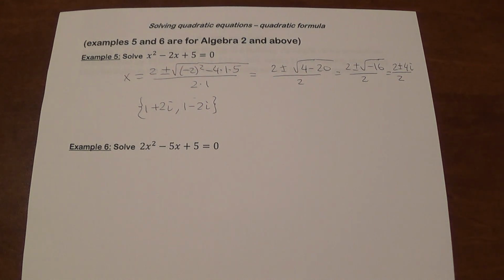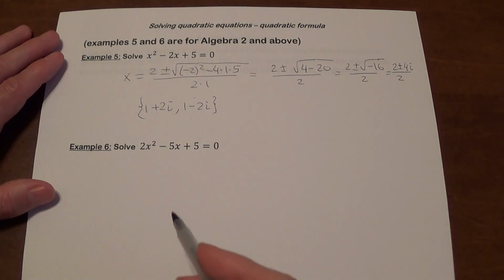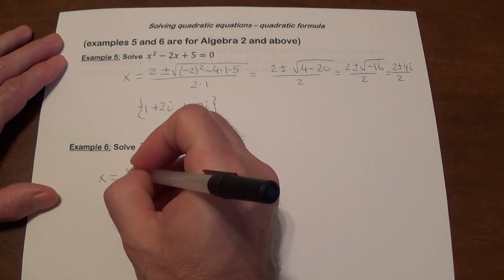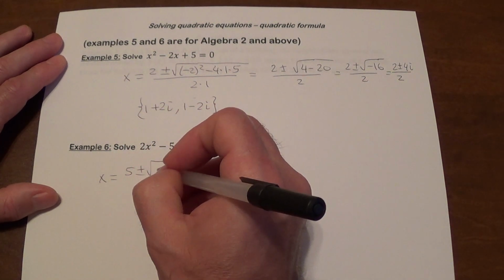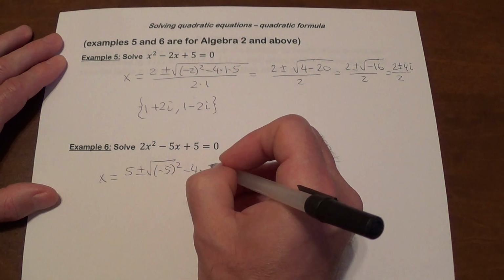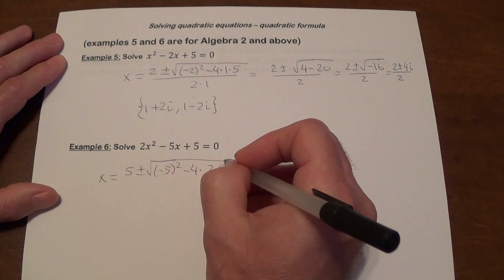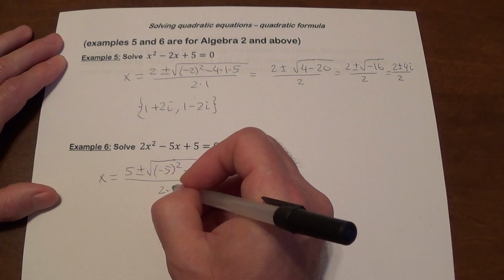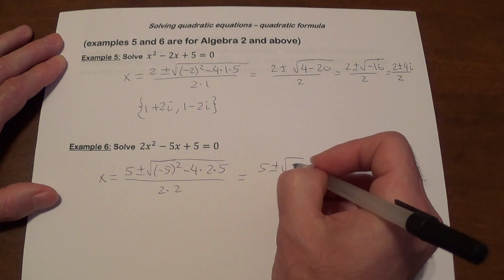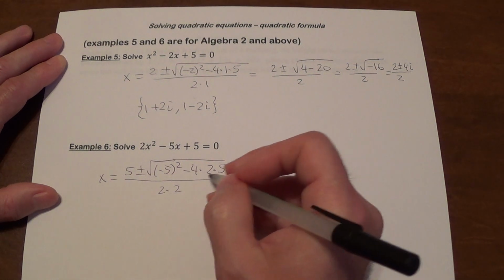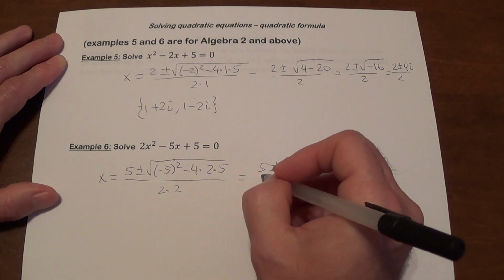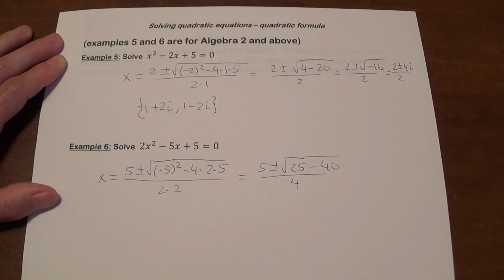And then this next problem here, 2x squared minus 5x plus 5. x equals 5 plus or minus the square root of negative 5 squared minus 4ac over 2a. That's 5 plus or minus the square root of 25 minus 40 over 4.